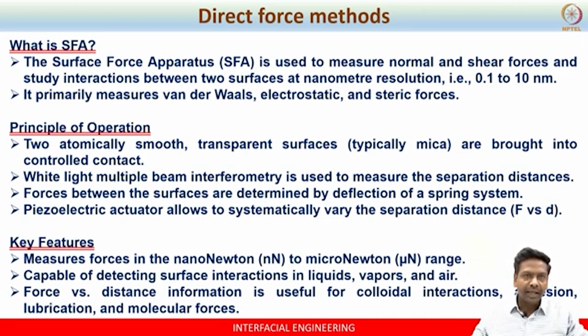This measures normal and shear forces as a result of the interaction between two surfaces, at nanometer resolution, usually in the range between 0.1 to 10 nanometer, a few tens of nanometer separation distance. So, by measuring these forces, one can obtain the information between force and separation distance.